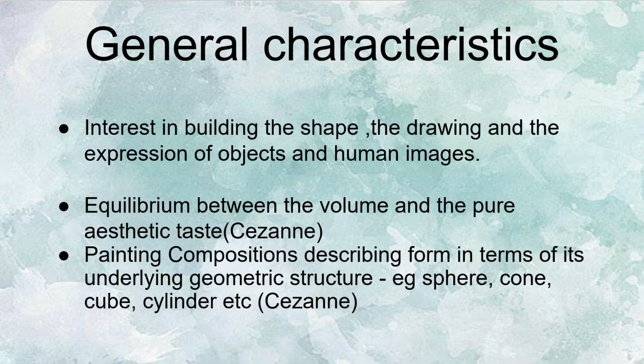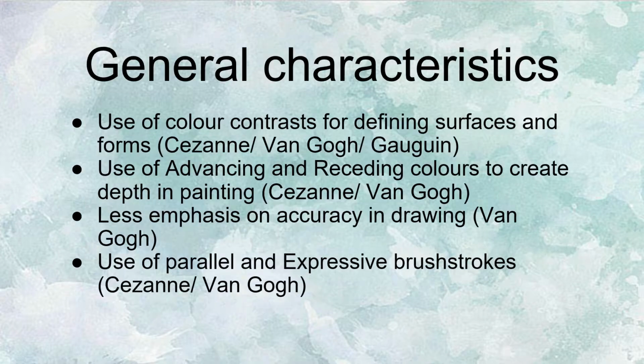Painting compositions describing forms in terms of their underlying geometric structure, examples: sphere, cone, cube, and cylinder, etc. Use of color contrasts for defining surfaces and forms. Use of advancing and receding colors to create depth in paintings, which was majorly suggested by Vincent van Gogh. Less emphasis on accuracy in drawing, which was again suggested majorly by Vincent van Gogh, and the use of parallel and expressive brushstrokes.